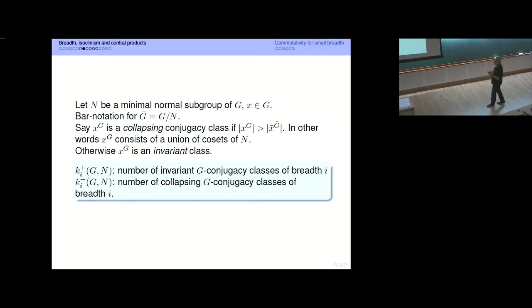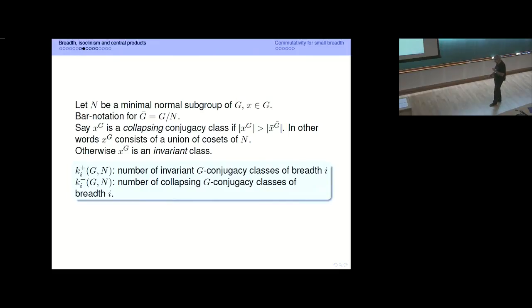It means that the conjugacy class of X consists of cosets of N. Some of the conjugacy classes will collapse when you go to the factor group modulo N, and some will remain invariant, will keep their size.